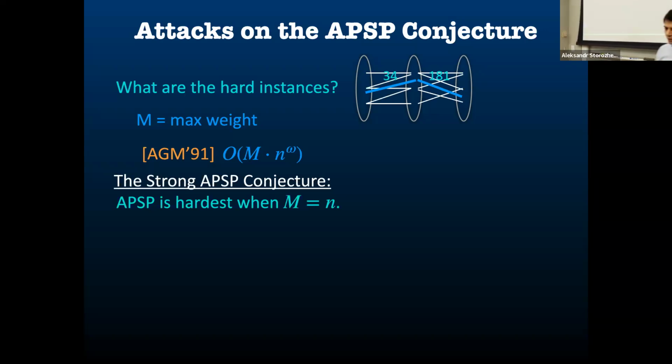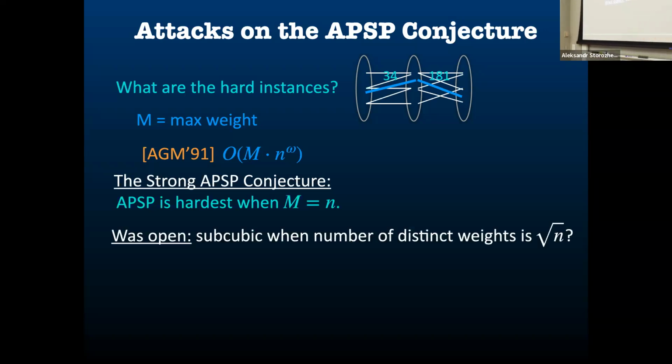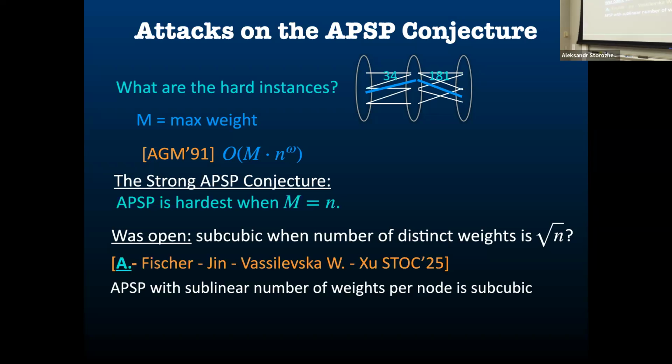It's a conjecture, and we didn't know even simpler things. For example, what if the weights are big, but there are few of them? Let's say there are only root n distinct weights. So all these n squared edges have only root n different ones, not even n different things. Is that easy or hard?